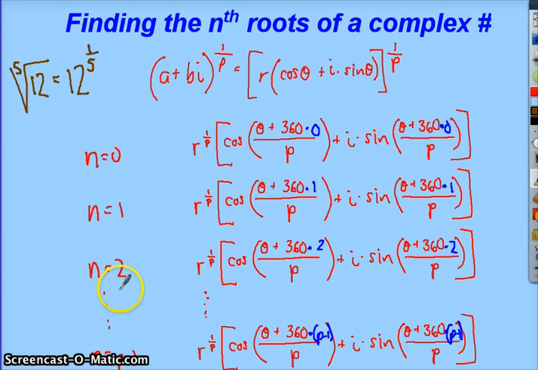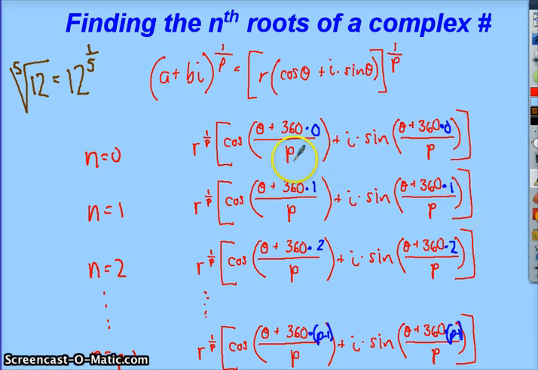If I'm taking the 11th root, n equals 0, n equals 1, n equals 2, all the way to n equals 10. Okay? So, for each value of n, the majority of this formula remains the same. The only thing that is different is that this value of n changes from here to here.